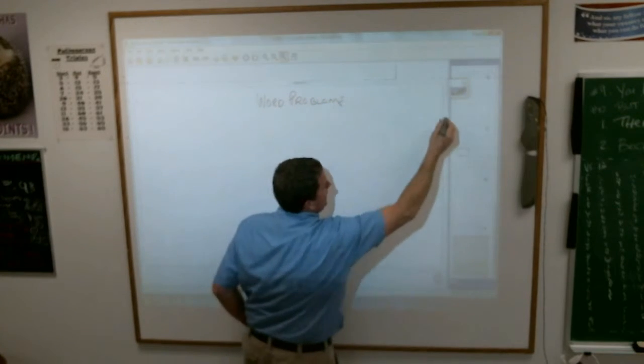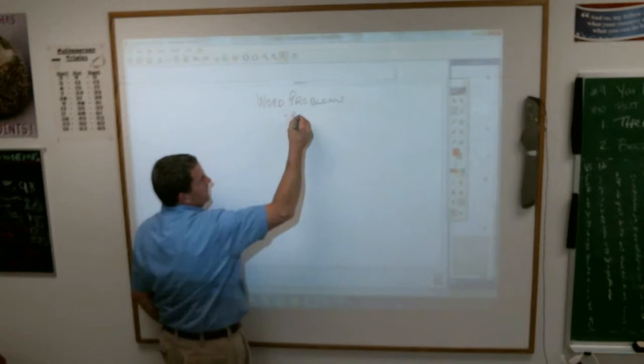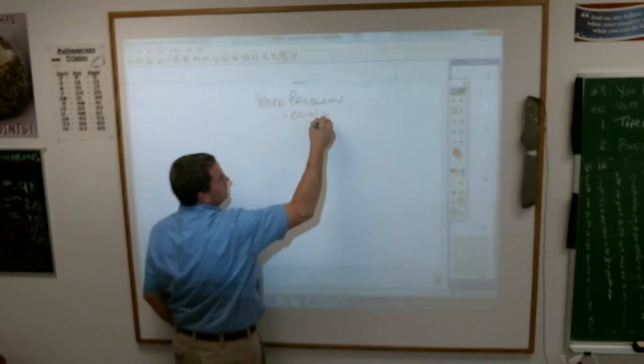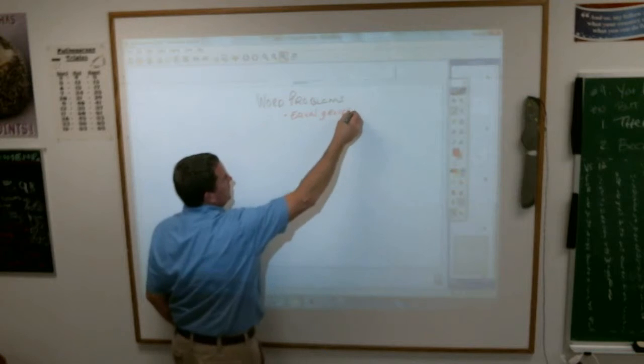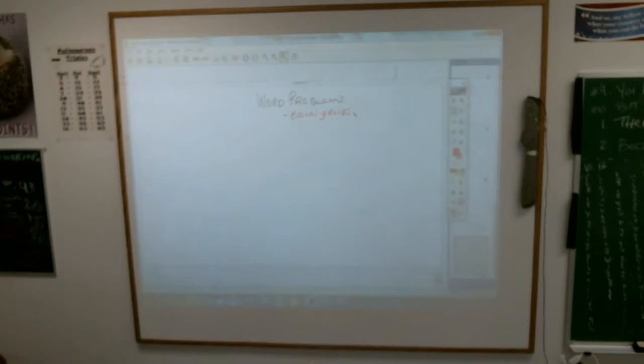Word problems that talk about equal groups. And when we talk about equal groups, we're thinking about this pattern. You can write this down.